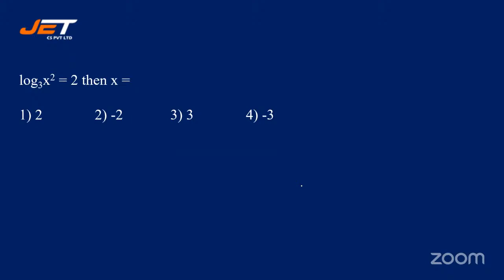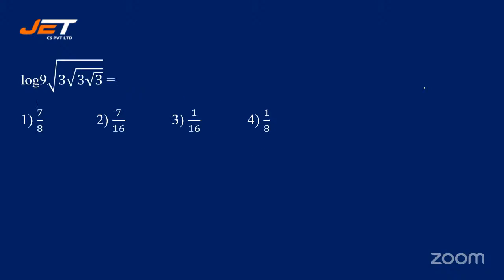Right? So this can be written as x square is equal to 3 square. So whereby the value of x becomes 3. Right? So it should be 3. Yes, option 3 is the correct answer.